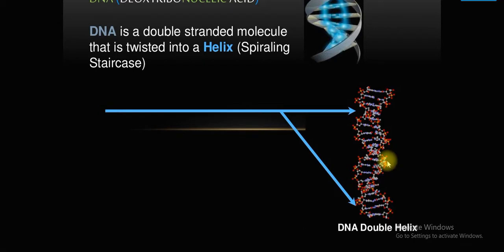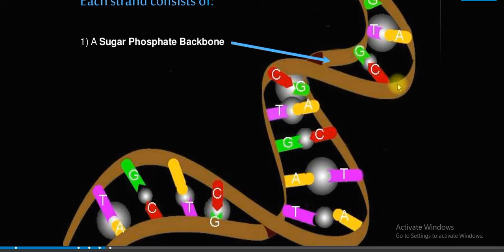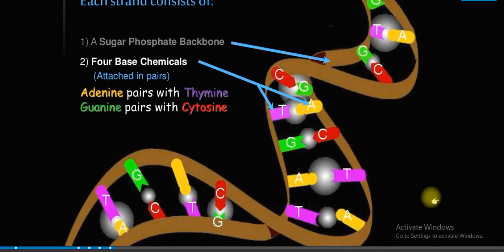They are composed of simpler monomeric units known as nucleotides, and each contains a sugar-phosphate backbone for stability and four chemical bases that attach in pairs. Adenine always pairs with thymine with a double hydrogen bond, and guanine always pairs with cytosine with a triple hydrogen bond.